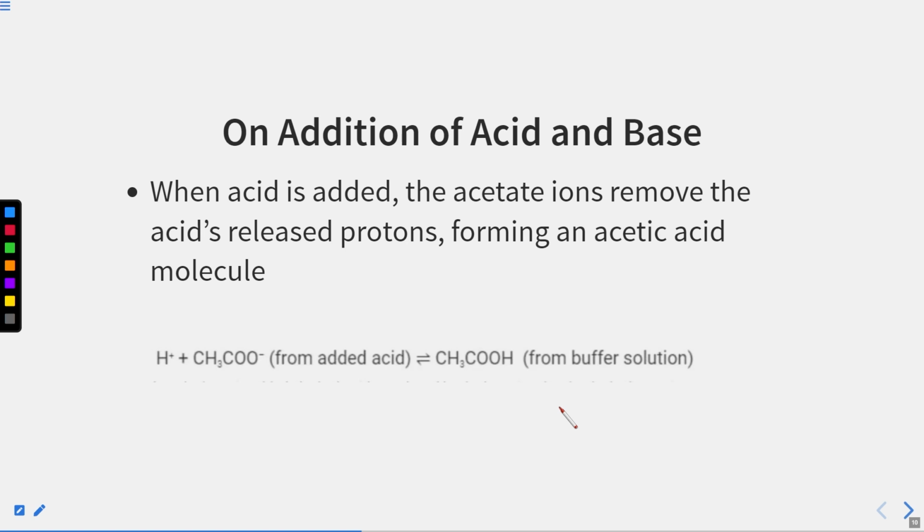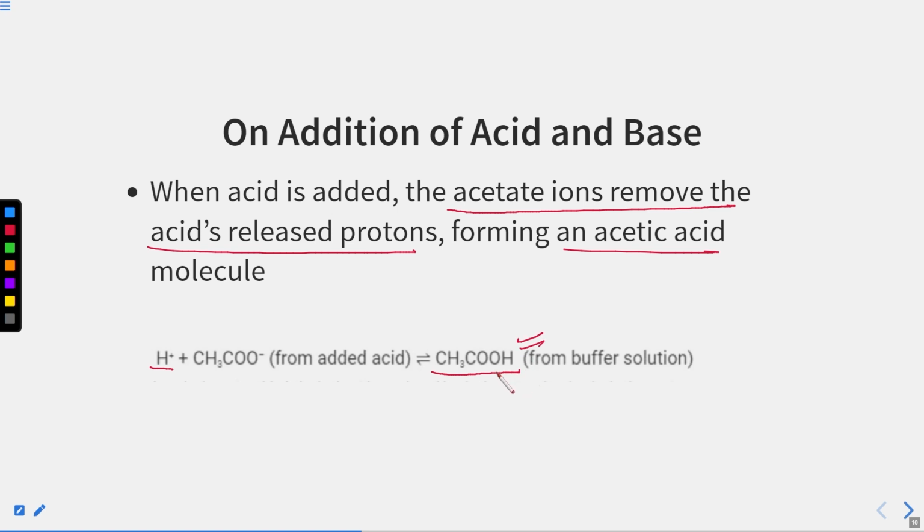Okay, on addition of acid and base. When acid is added, the acetate ion removes the acid, taking up the released protons and forming an acetic acid molecule. So here a hydrogen ion is added from the added acid to the CH3COO minus ion, so it will form CH3COOH in the buffer solution.